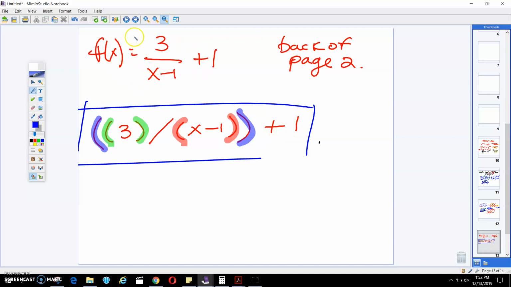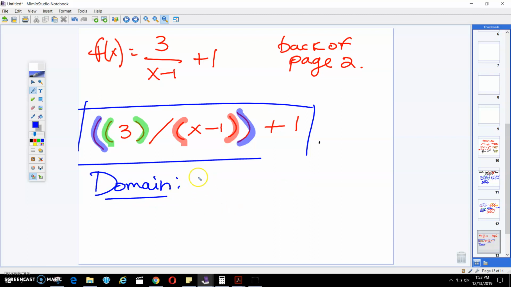That's what this function actually says. So when you graph this, you need to make sure you are using the correct way to put it in.